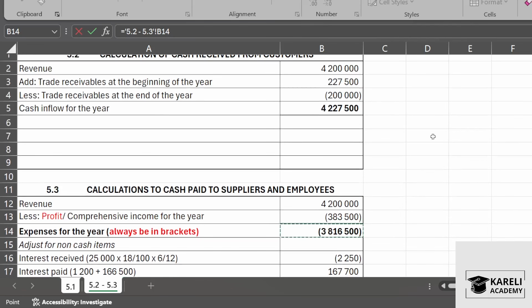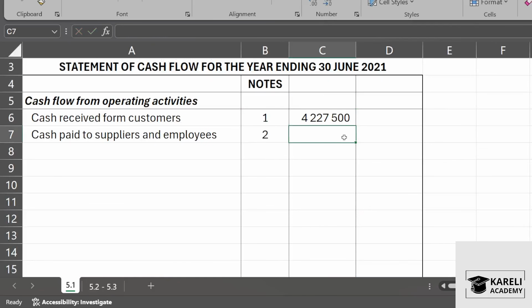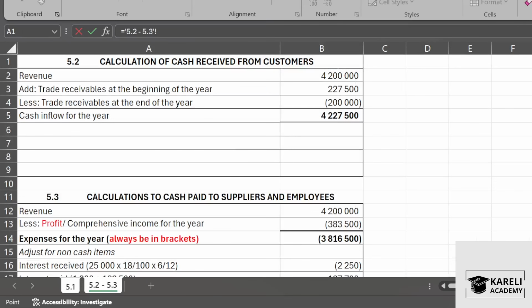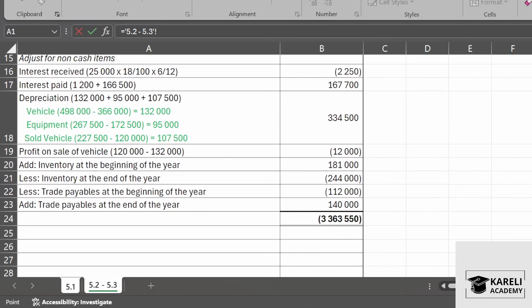Now, cash received from clients, here it is from the notes. And then cash paid to suppliers, also from the notes, here it is.